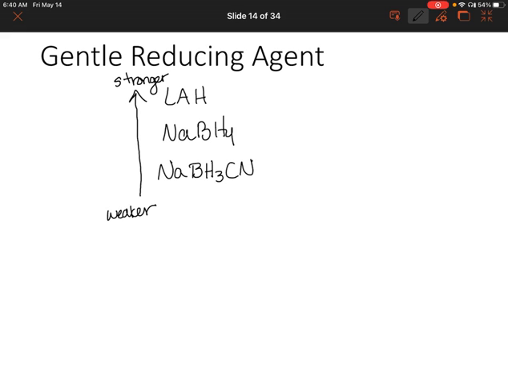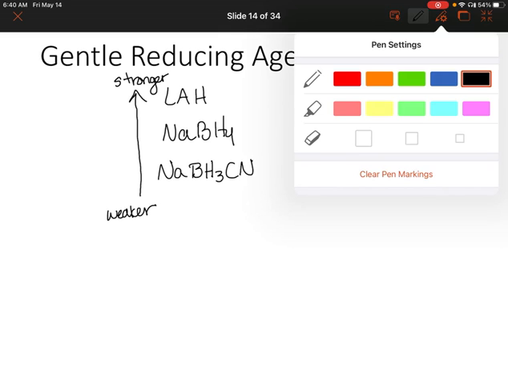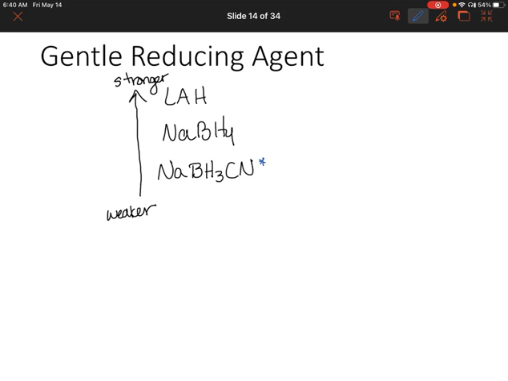So notice that this looks really similar to sodium borohydride, but we've replaced one of the hydrogens with a nitrile group, so the CN group. And let's just write the name down here, sodium cyanoborohydride. Okay, so let's draw what that looks like.